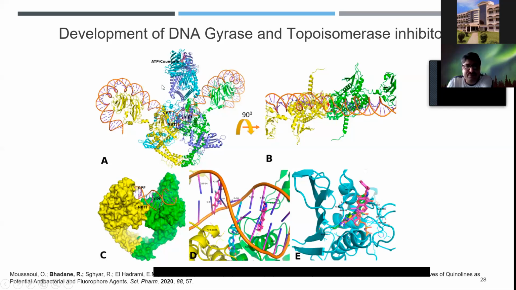When we performed the simulation on the DNA gyrase B subunit, we observed that molecules were not able to bind in the exact way where the novobiocin or coumarin nucleus binds, and we concluded that this is not a good site for our compounds. We didn't get very good interactions there. We also compared our binding studies on the NBTI site, and we observed here too that our compounds were not good inhibitors at this site.